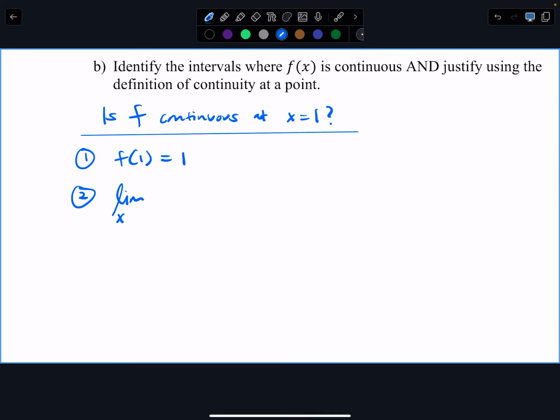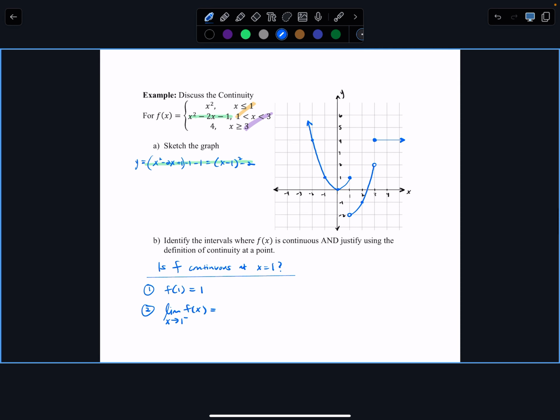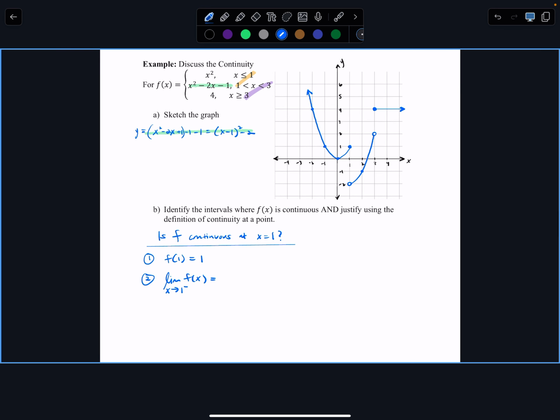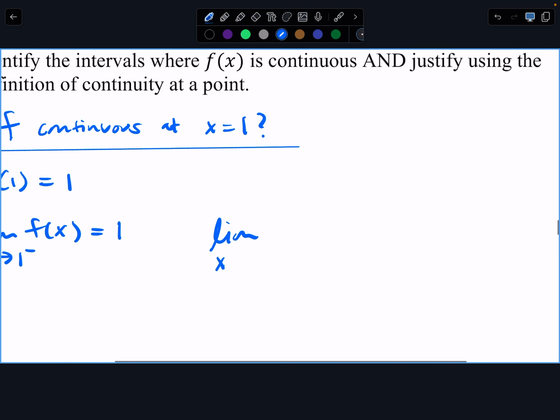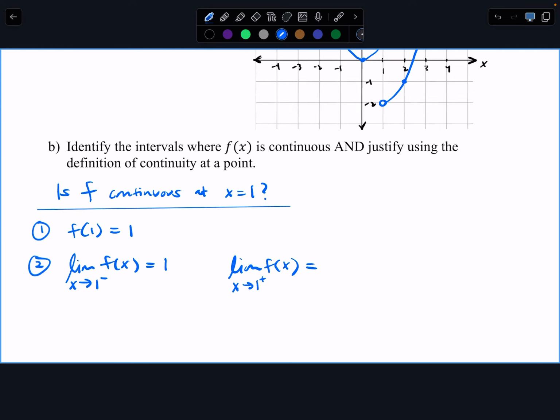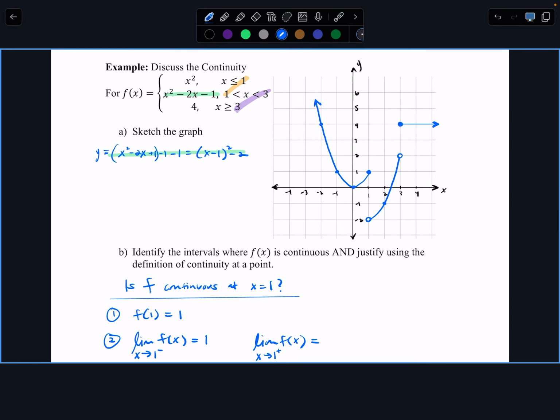So the limit as x approaches 1 from the left: that's thinking values to the left of 1, which would be the first interval. We plug in 1 there and we get 1. Then the limit as x approaches 1 from the right: values to the right of 1 would be in the second interval.